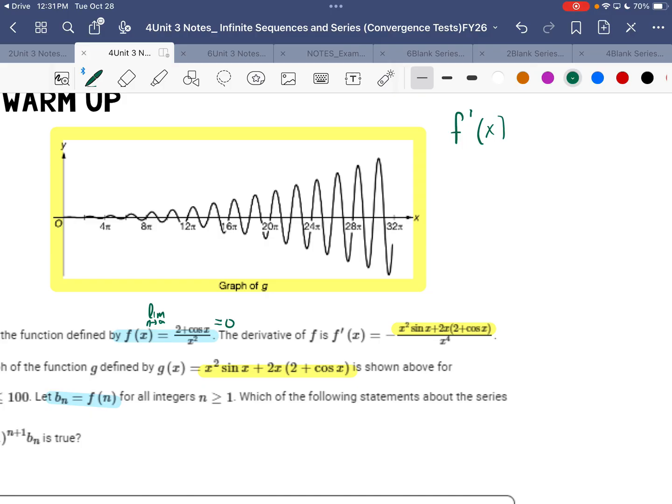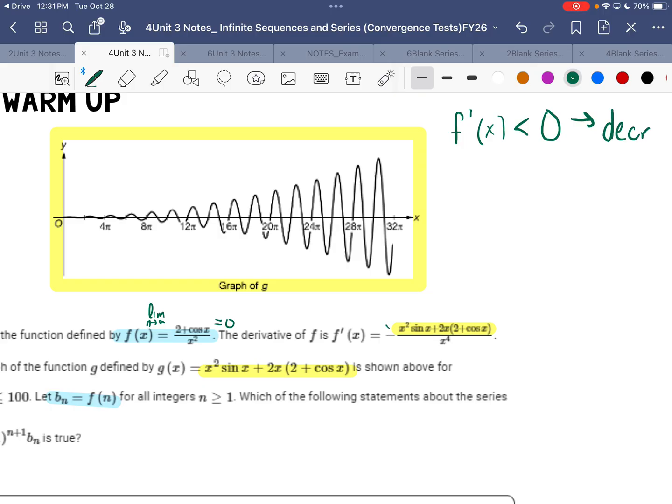What, in general, does the derivative have to be? Right, so the derivative has to be negative to claim that it's decreasing.